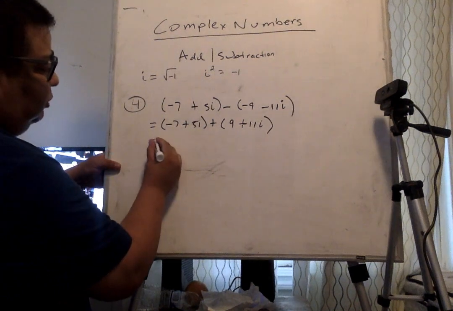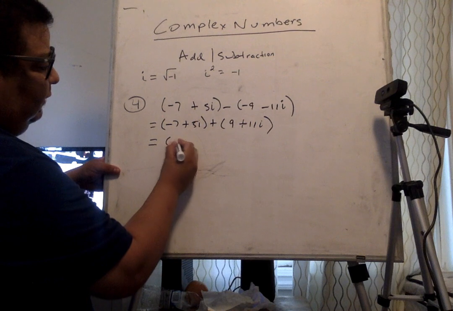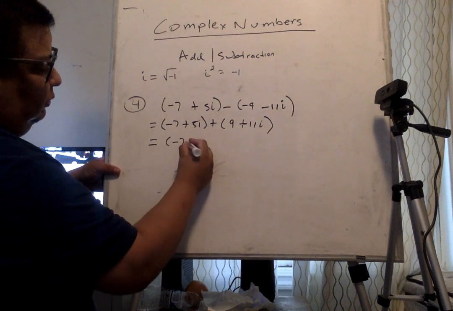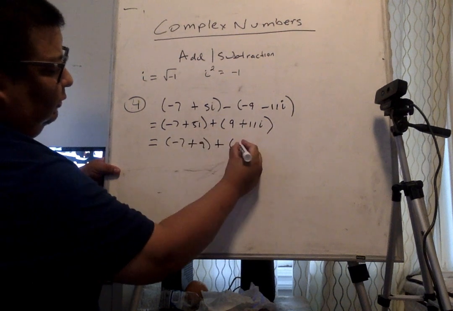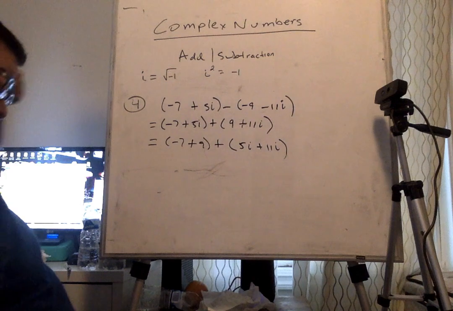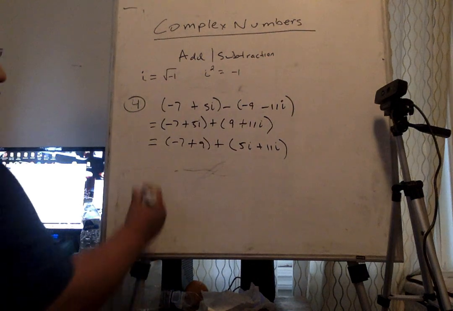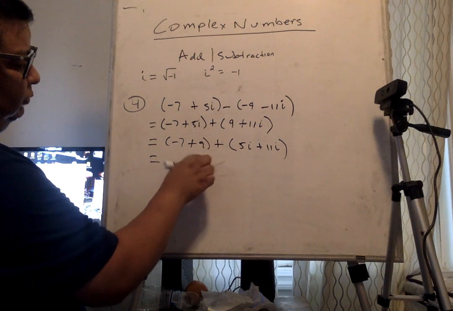The next step, just like we've been doing, we combine real parts. That would be negative 7 plus 9 plus 5i plus 11i. Okay, negative 7 plus 9.